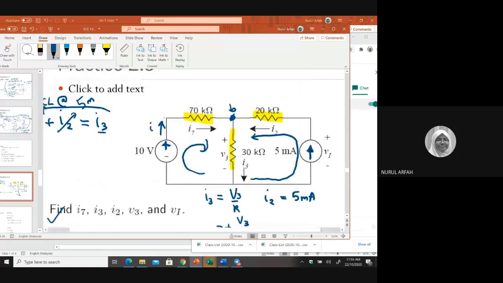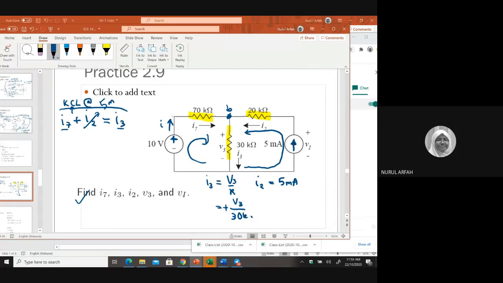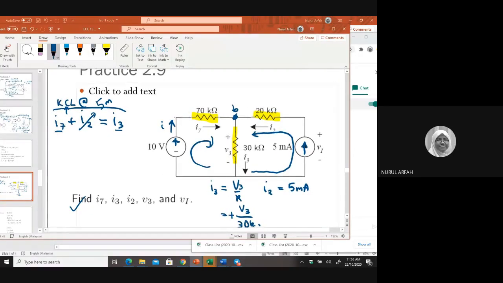Okay. What about if we apply KVL around the left loop? What do you think? KVL around the left loop. What is the equation? Start from here.